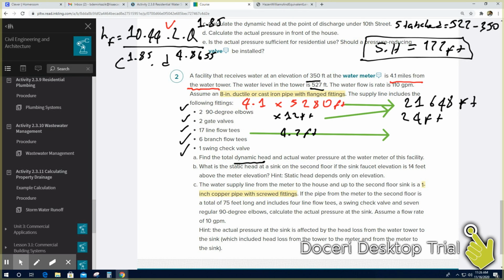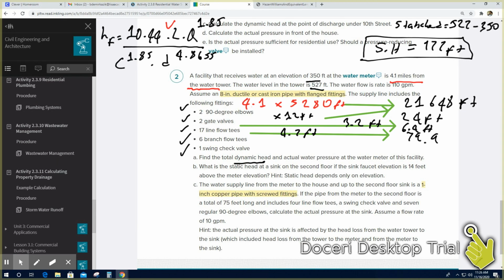When I multiply, 17 times 4.7, that is 79.9. And I forgot the gate valves. Each one is 3.2 feet. When you multiply by 2, it is 6.4.